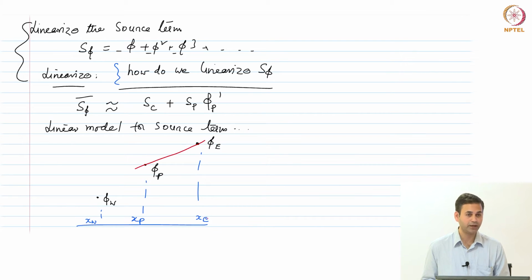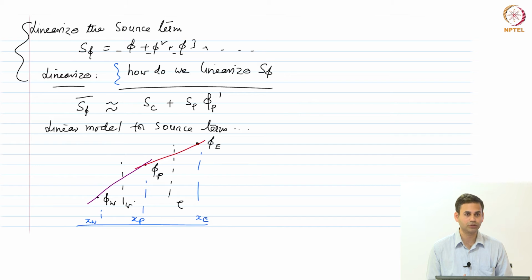Phi east minus phi p by x east minus x p will give you positive here, and similarly you would calculate the other slope as phi p minus phi w upon x p minus x w. Or if you write it as phi w minus phi p, then you would get a minus in the denominator. Because we have taken away that minus with the delta x, delta x is always positive, and as a result the numerator changes. That's all. We are calculating the value of this slope at the midpoint, that is on the east face and on the west face.